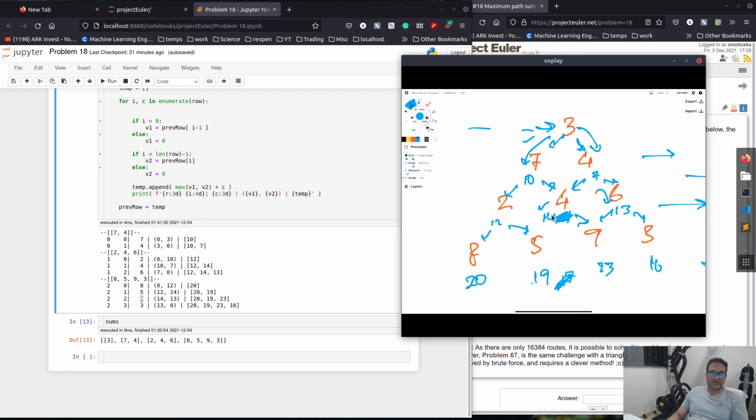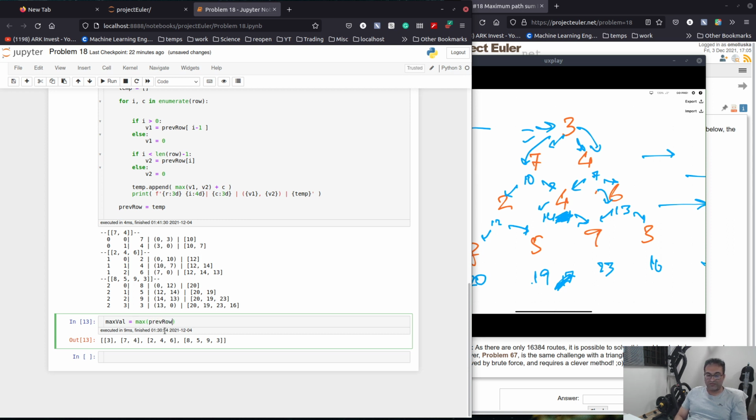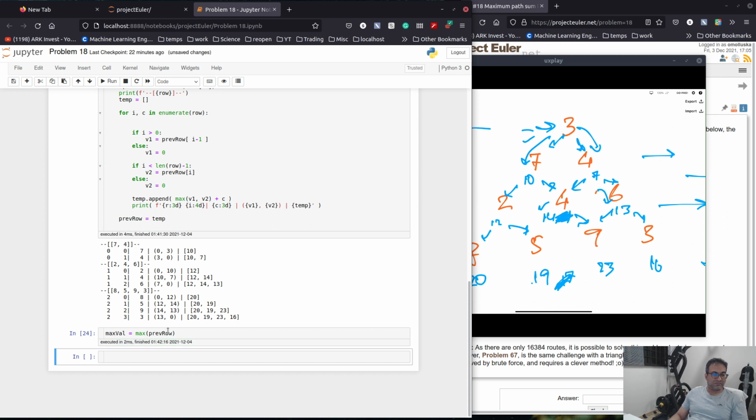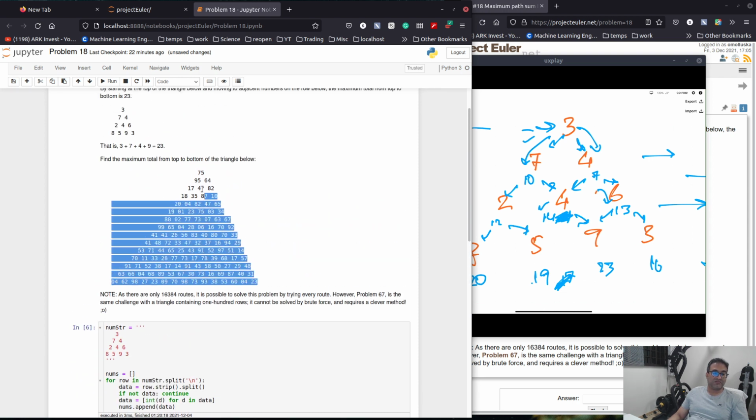So 9 and 14 is 23, and okay, so, and then the max value equals max of row. That's the solution. Okay, so that's the solution for this problem, but we need the solution for this problem.